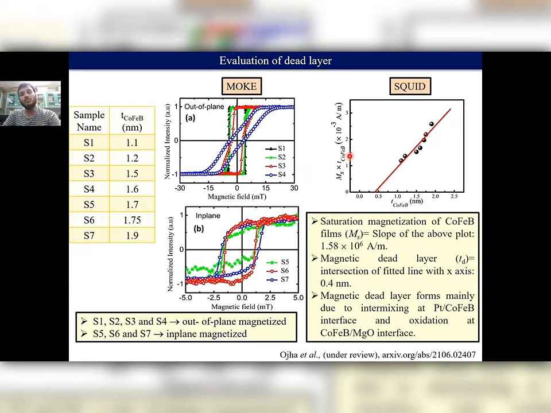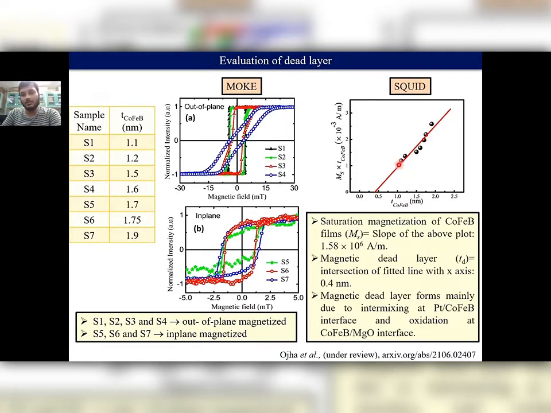But to know the exact saturation magnetization of our system, we have plotted Ms times t with t, which means the thickness of cobalt iron boron, and we have fitted the experimental data with a linear line.